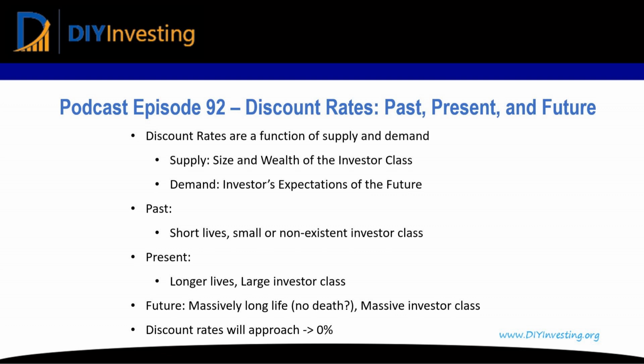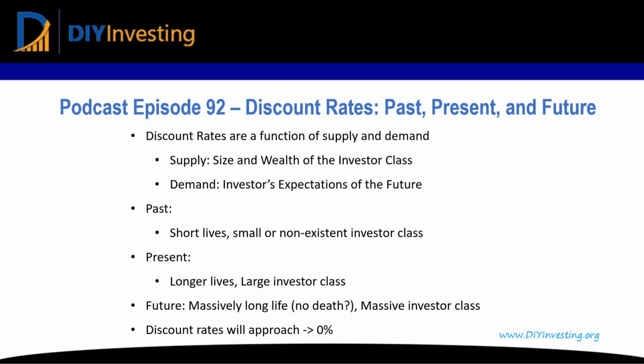However, I think this is a very important topic because what you will notice is that many different investors use different discount rates. There's many different discount rates that you could choose as an investor. And what I want to talk about today is how discount rates have changed over time from the past to the present, and also how you can expect discount rates in the aggregate to change going from the present to the future.